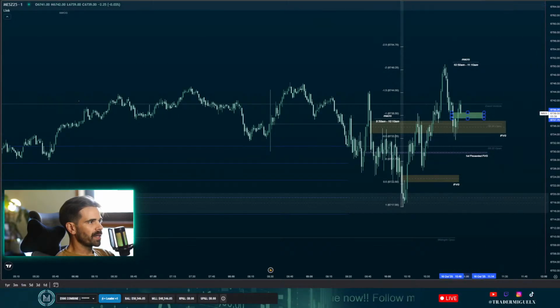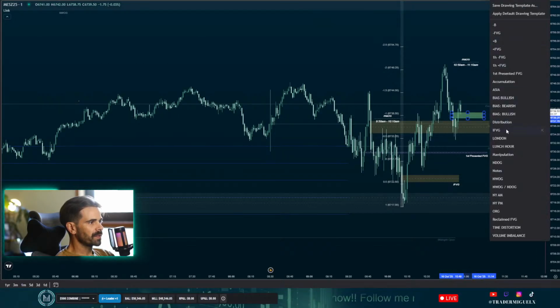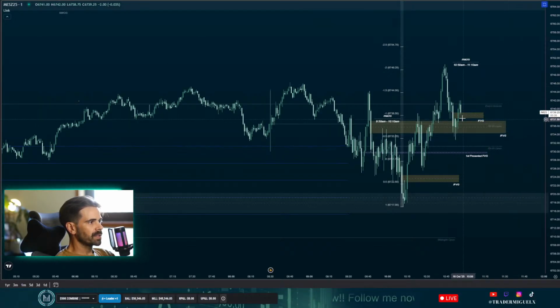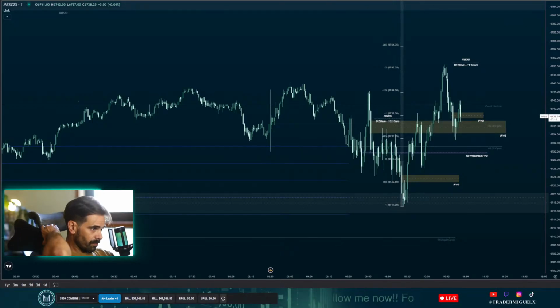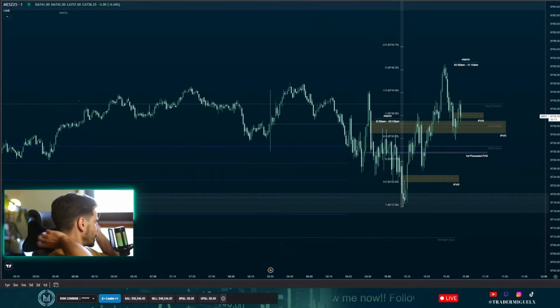Here we have another inversion type of fair value gap. Let's see if we can eventually hold it, or if we reclaim it as an inversion type of fair value gap. What's happening here?